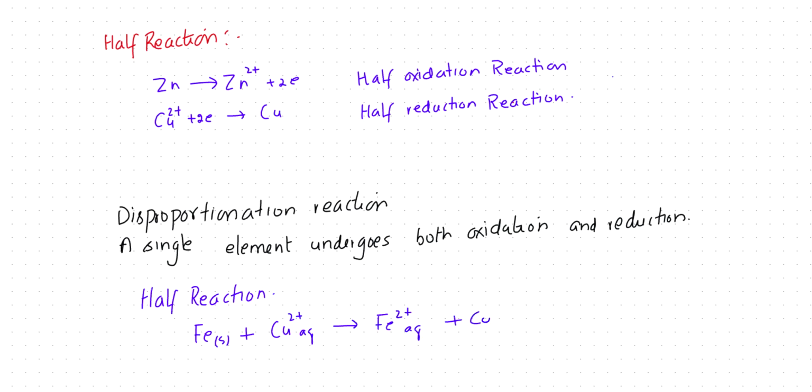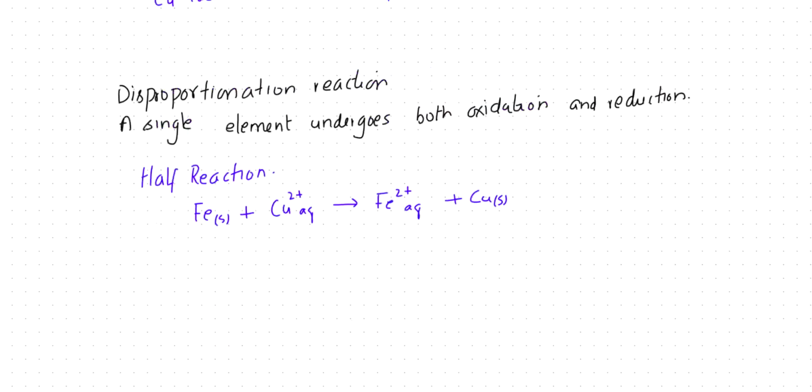Now we have to write the half reactions for this. Fe is changing to Fe2 plus. Reactant side is Fe, product side is Fe2 plus. So we write Fe after removing 2 electrons forms Fe2 plus, 2 electrons are lost. So this is the half oxidation reaction.